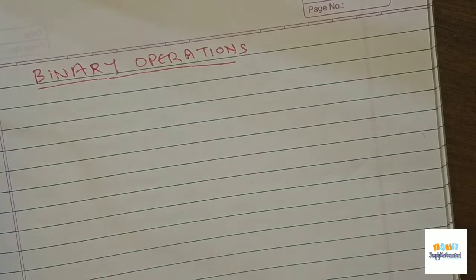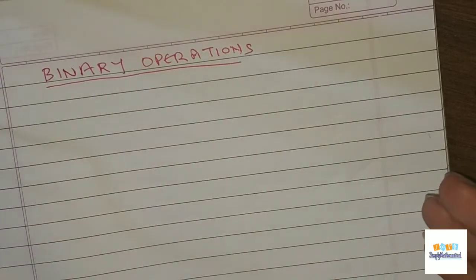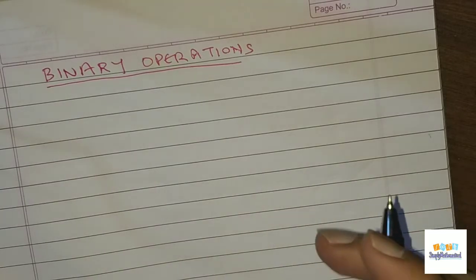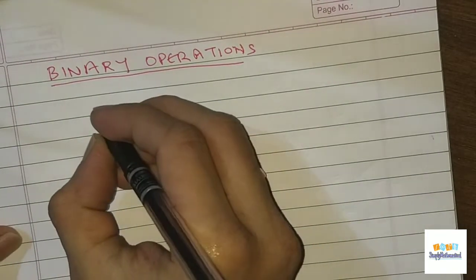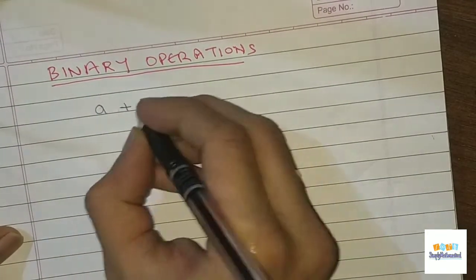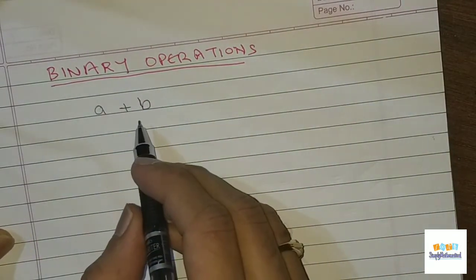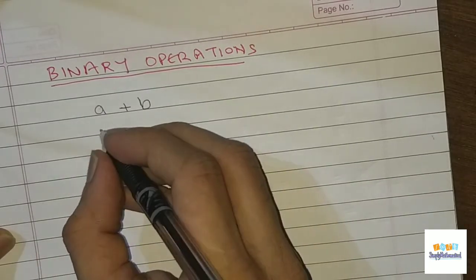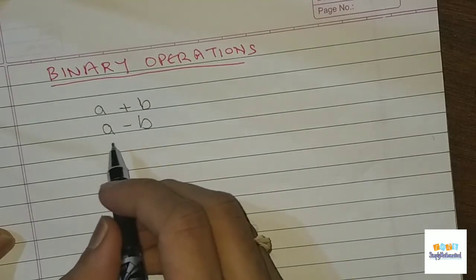In earlier classes you have studied how to add, multiply, subtract, divide real numbers. Whenever you add two real numbers, you just take two real numbers and add them. This is called addition. When you do subtraction, you take two numbers and subtract one from the other.